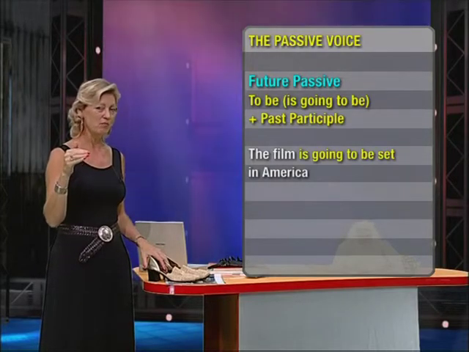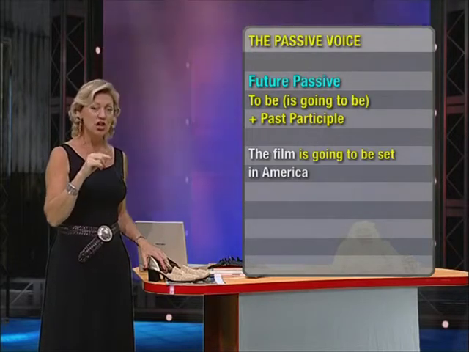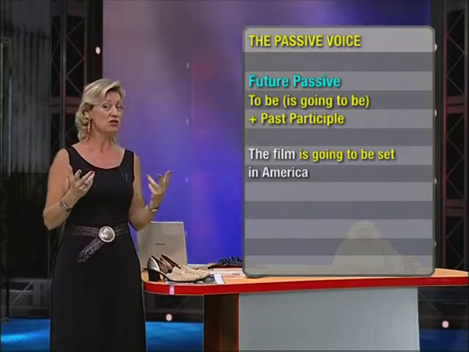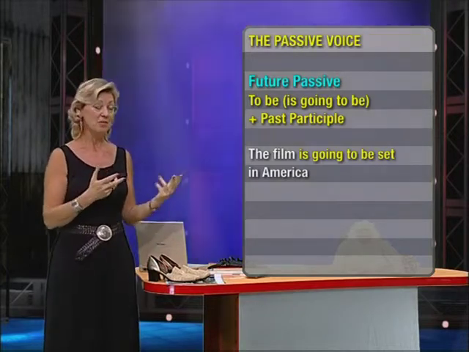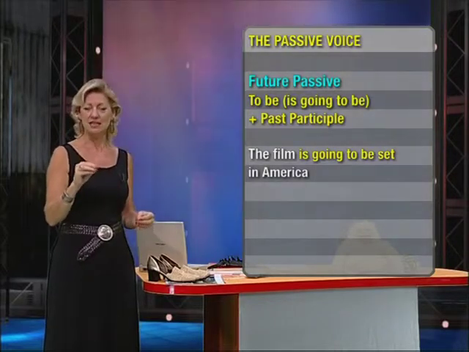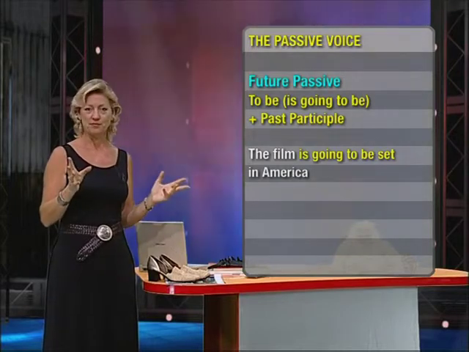Now that's a bit more complicated. The verb to be goes into the future, but it's an intentional future. So it becomes the film is going to be set, means filmed, in Russia.